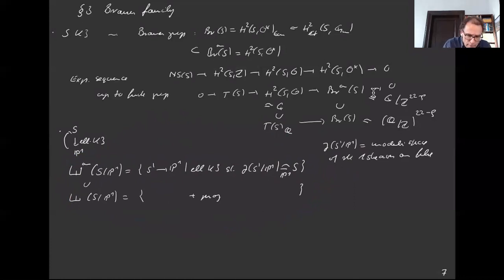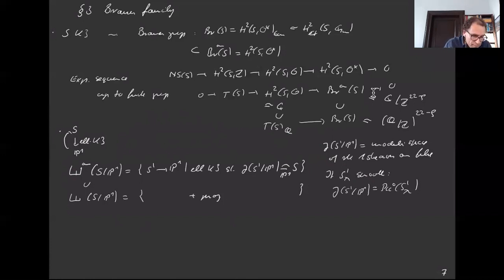So if the fiber S prime lambda is smooth, then the fiber of the relative Jacobian really is just Pic 0, the Jacobian of the fiber. And the condition here says that these relative Jacobians of the fibers, put in a family, become isomorphic to the original K3 surface S.